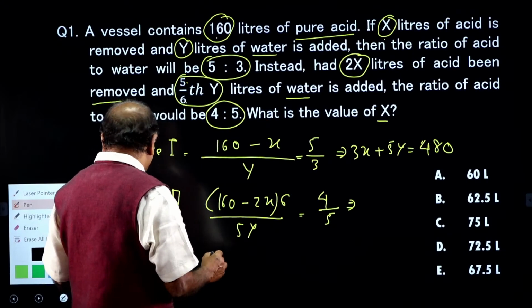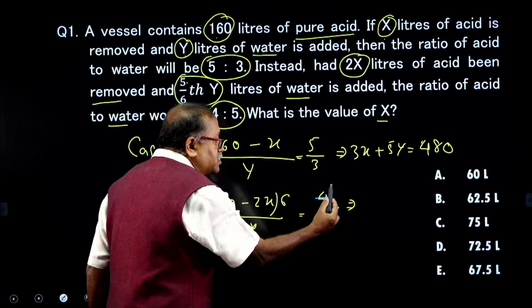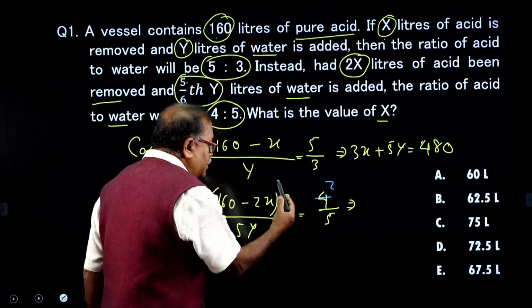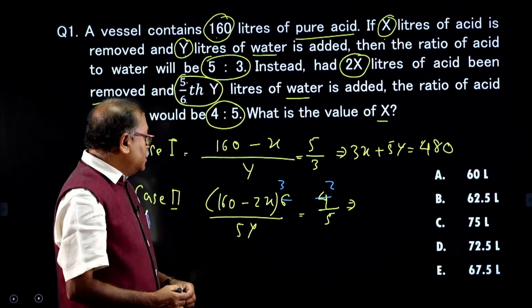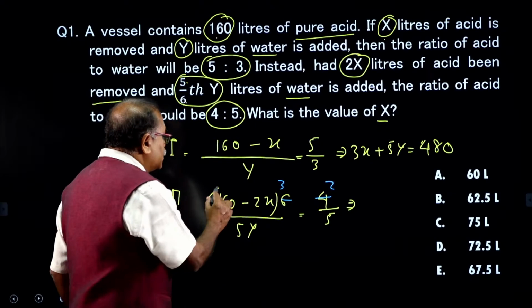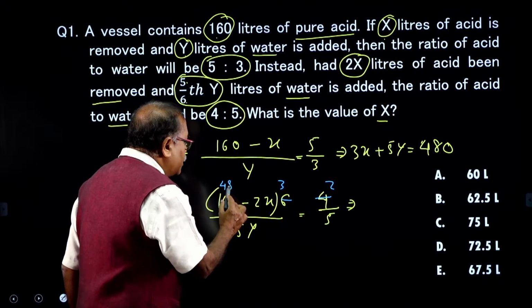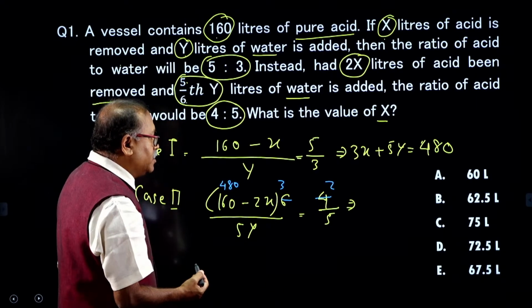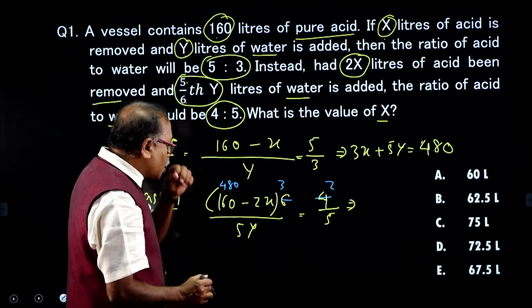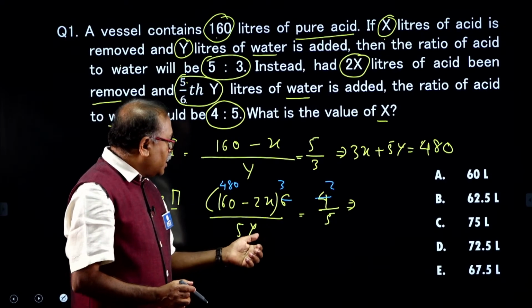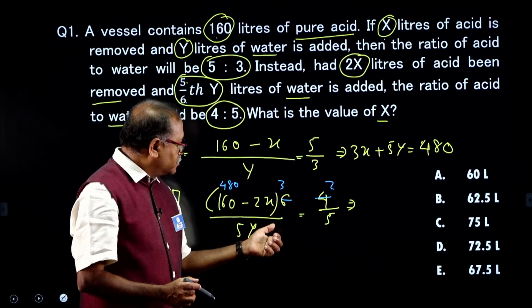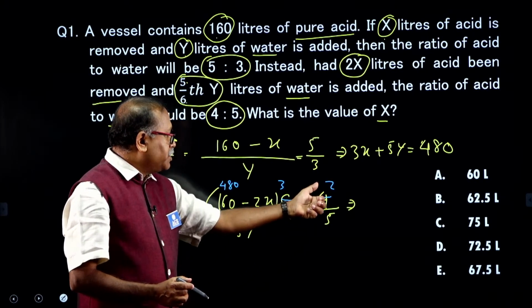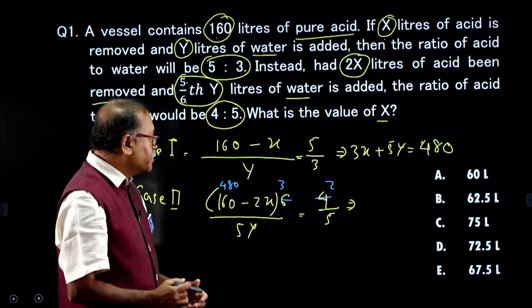Okay. I will cancel this to the extent it is possible to cancel. It is 2 times and it is 3 times, and this is 16 3 is 48, 480 and 480 into 5, is that okay? And that is 5 into 2, 10.